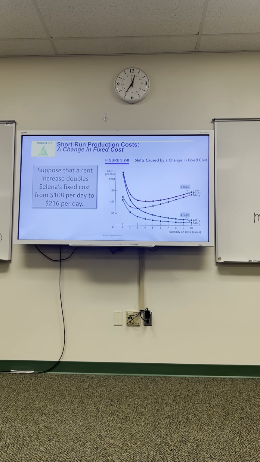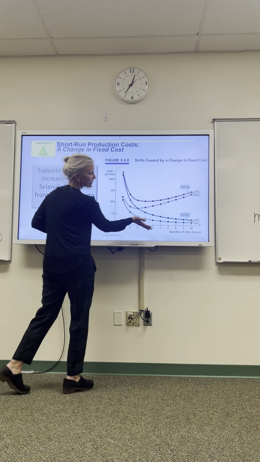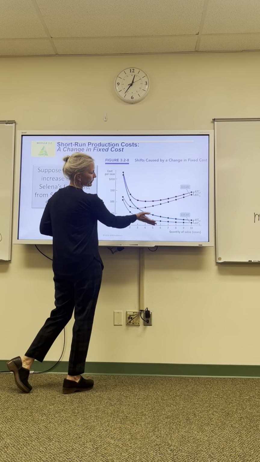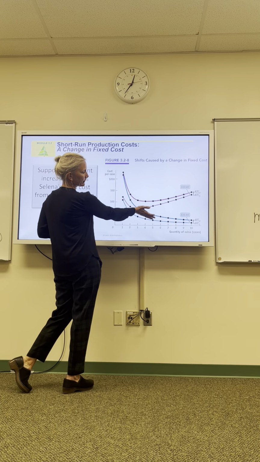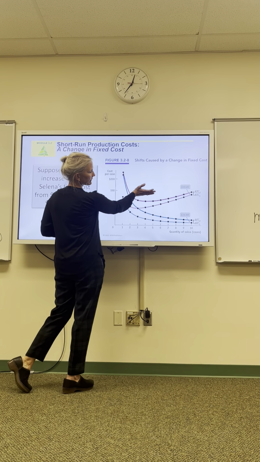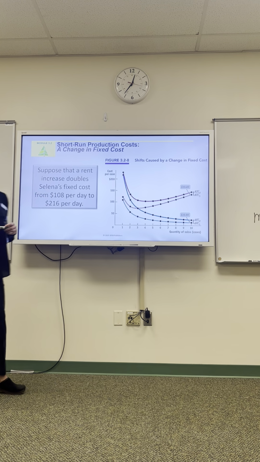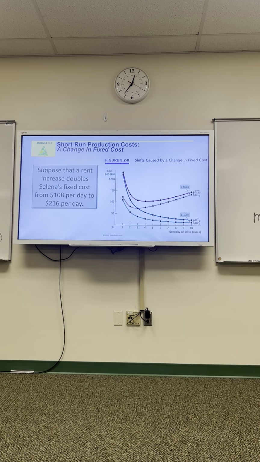So this is just looking at what could change these costs. If rent increases and that doubles her fixed cost, it will not just shift the average fixed cost curve up by the amount of the rate of increase in rent, it will also shift up the average total cost curve, because the average total cost curve is also reflecting what's in average fixed costs.